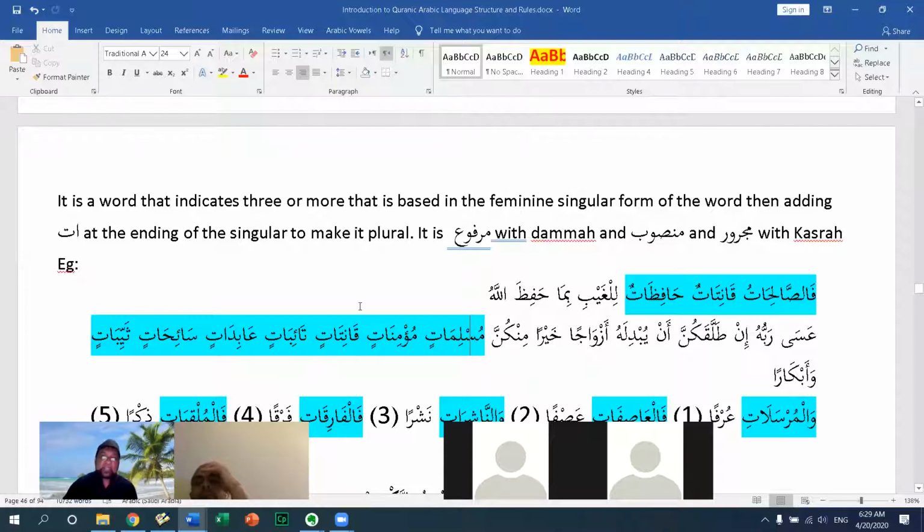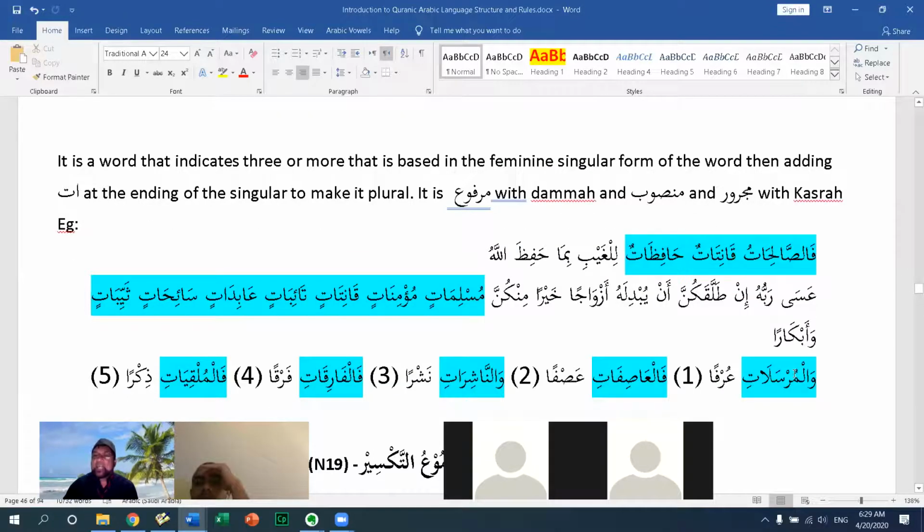And of course, the same with mu'minatin, qanitatin, ta'ibatin, 'abidat, sa'ihat, thayyibat. But with abkara, we didn't say wa abkarin. Why? Because abkar is not jama' al-mu'annath al-salim. It is not the uniform feminine plural.